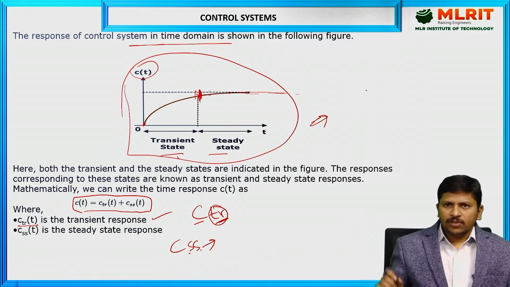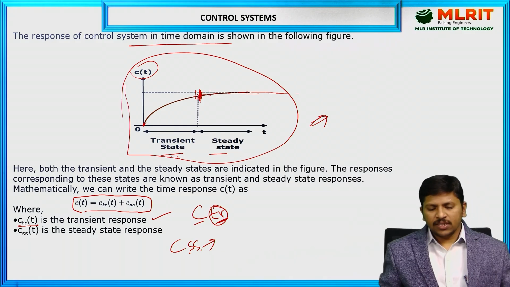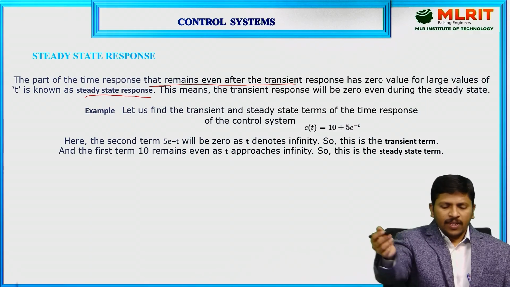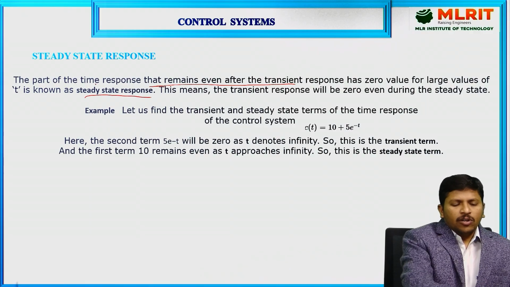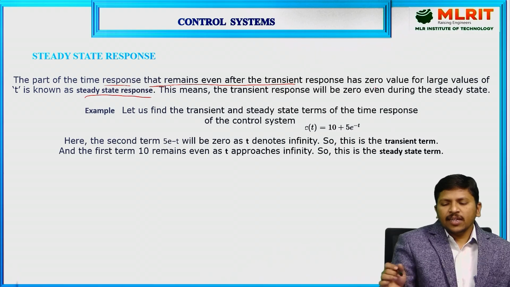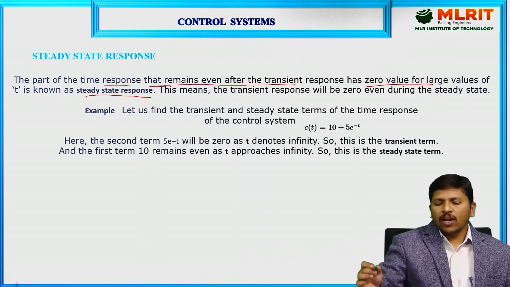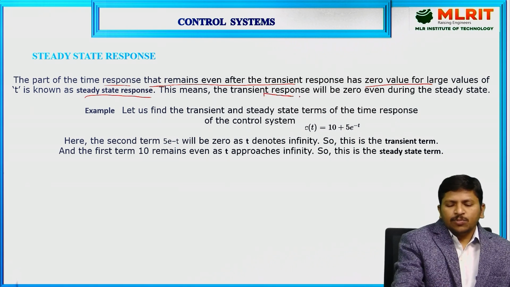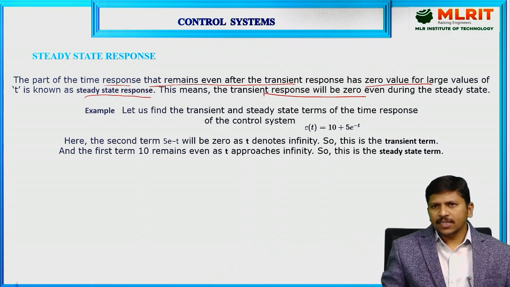So this is the steady state response. Observe, the part of the time response that remains even after the transient response has 0 value for large values of t is known as the steady state response. This means the transient response will be 0 even during the steady state also.